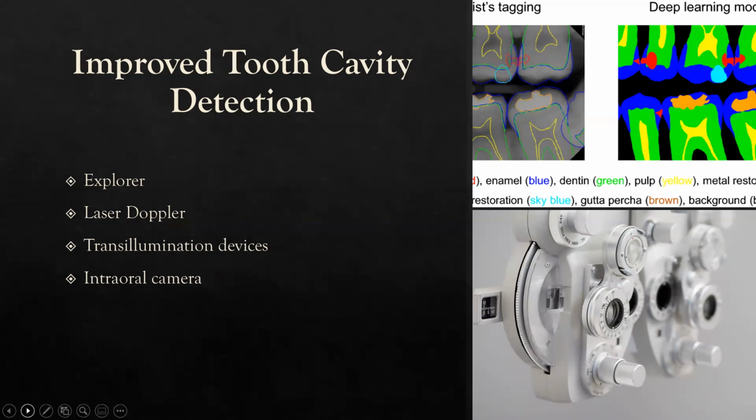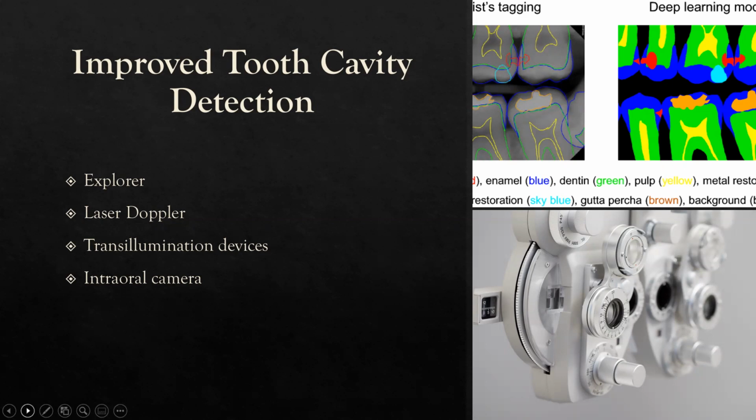Basically, the decay process is a bacterial acid attack on the tooth structure, and that removes the minerals from the tooth. So that, in essence, changes the amount of minerals and also changes the transillumination characteristics of the tooth.